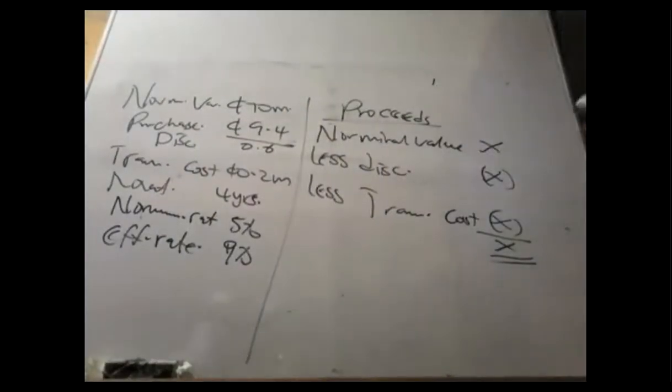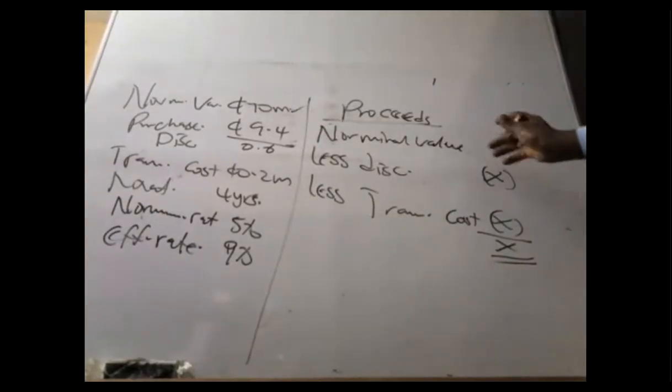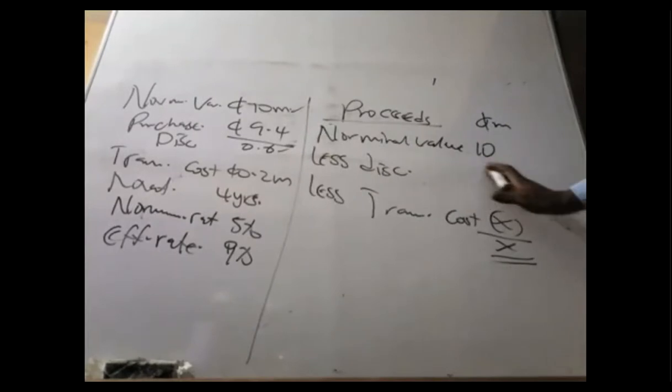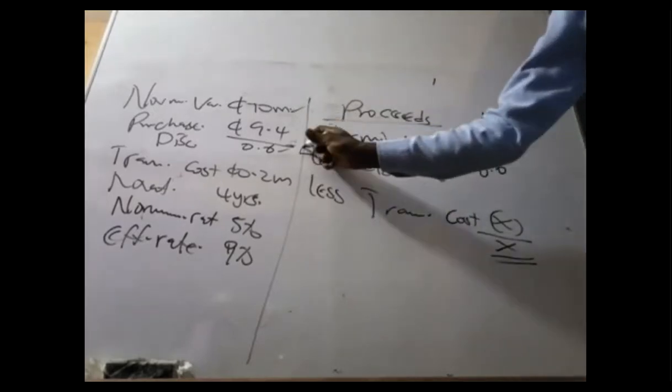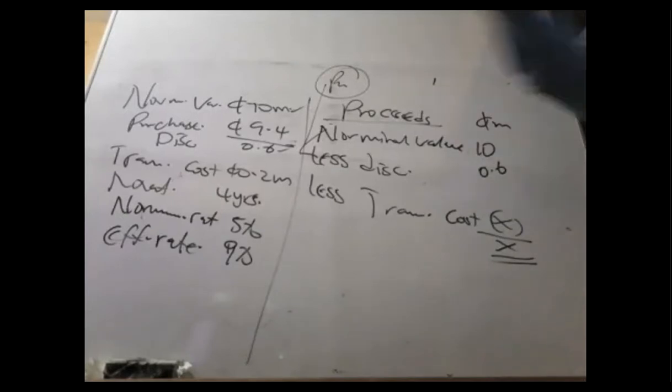Now let's see how best we can generate these figures. The nominal value for this particular debt is 10 million, so the face value is 10 million. Is there any discount? The discount was 0.6. If you take the discount from the nominal value, it gives what you call the purchase value, the actual value it was sold for.